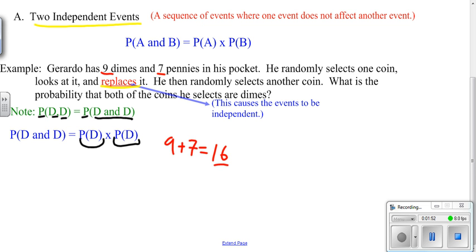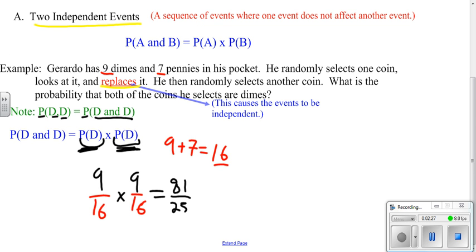So the probability of drawing a dime would be 9 out of 16. So for a dime and a dime, we'd say 9/16 times 9/16 again, because they have the same probability. Each time he draws from his pocket, there are 9 dimes and a total of 16 coins. So that's going to leave us with 81 over 256. That would be his probability.